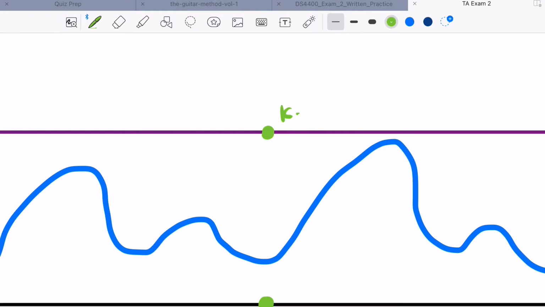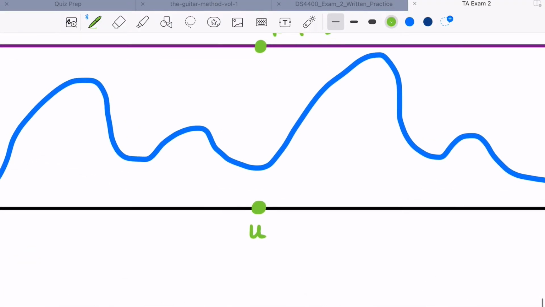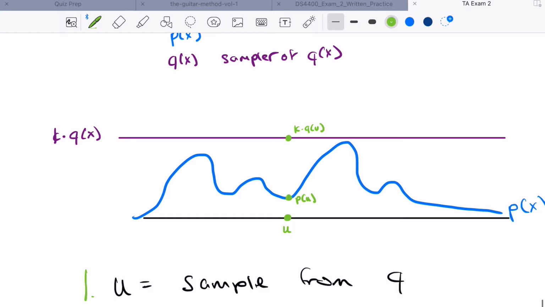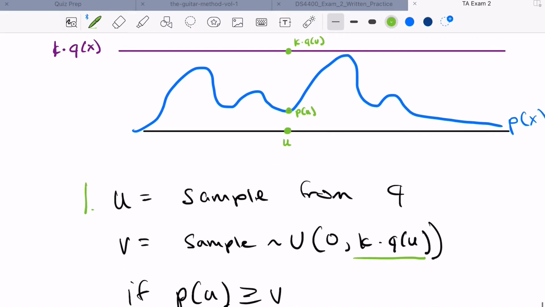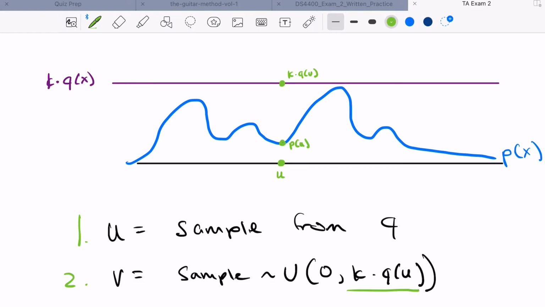So this is k times Q of U. And then finally, we also have this point right here, which is just P of U. This is the probability assigned to U according to P. If we look at this second step in our equation, we're going to sample along this y-axis for some value along this line.